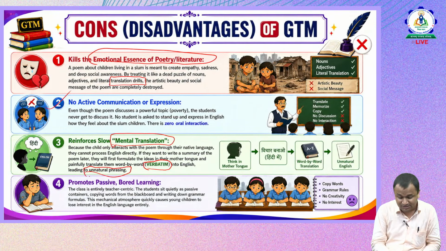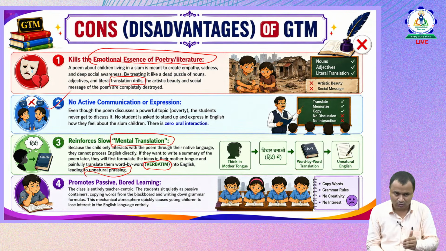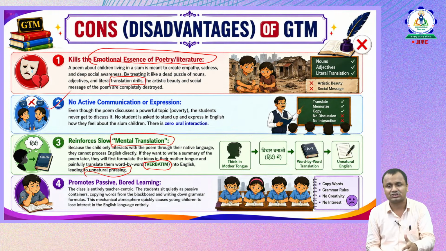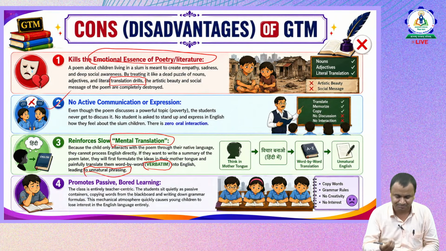You'll see when the student speaks, that unnatural paraphrasing is quite visible. Why? Because GTM reinforces the mental translation in such a way that it becomes a habit, that the student would not think in English or in the target language. The student would first think in the mother tongue, then translate, and then speak.